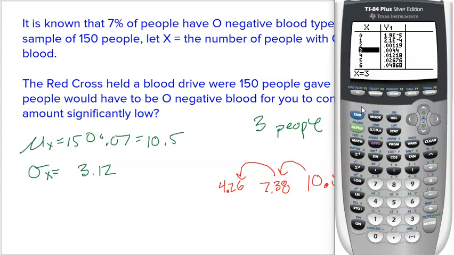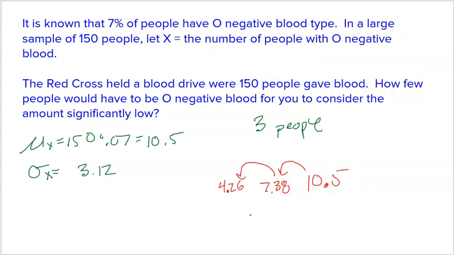If 3 people had type O negative blood, that would be definitely significant. I think that would be weird. Why am I saying that? Because it's supposed to be 10.5. That's how many people are supposed to have type O negative blood. And furthermore, the probability of 3, which I just calculated using my calculator, is pretty unlikely. I'm just trying to get you to start thinking about when something becomes significant.